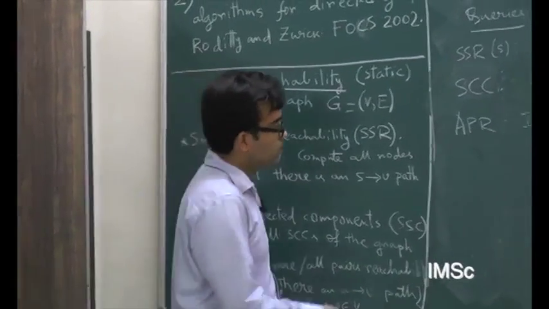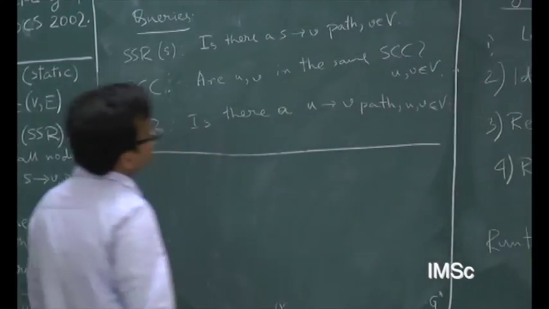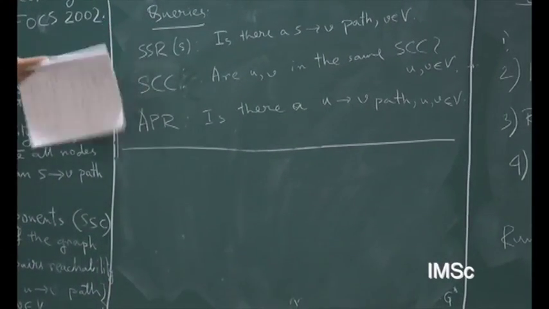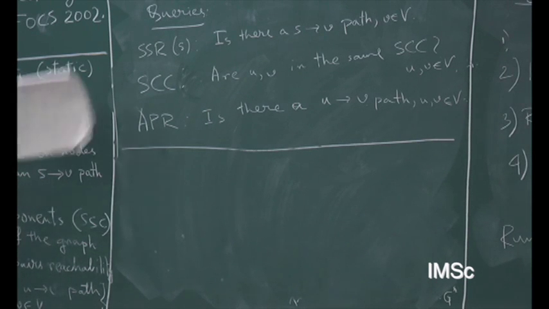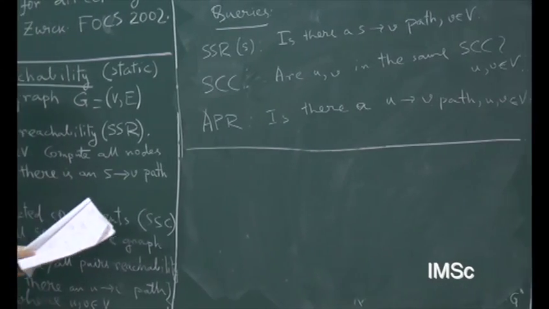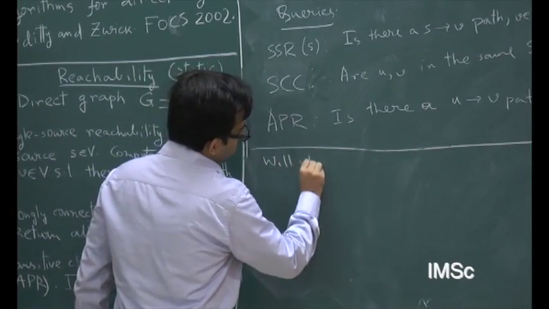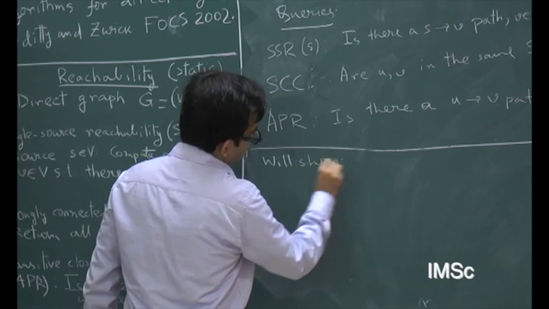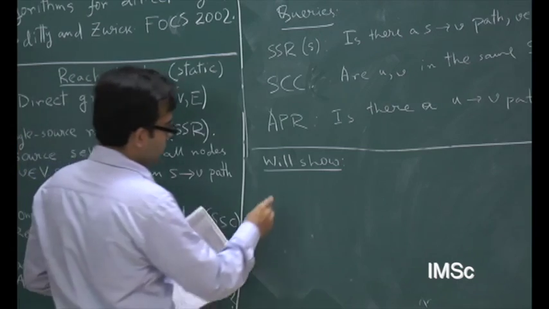And as we said, in the next few weeks, we will be considering both the decremental and fully dynamic settings. But for this week, we will just take up the decremental reachability problem. So in today's and tomorrow's lectures, we will show, or at least try to finish, these results.